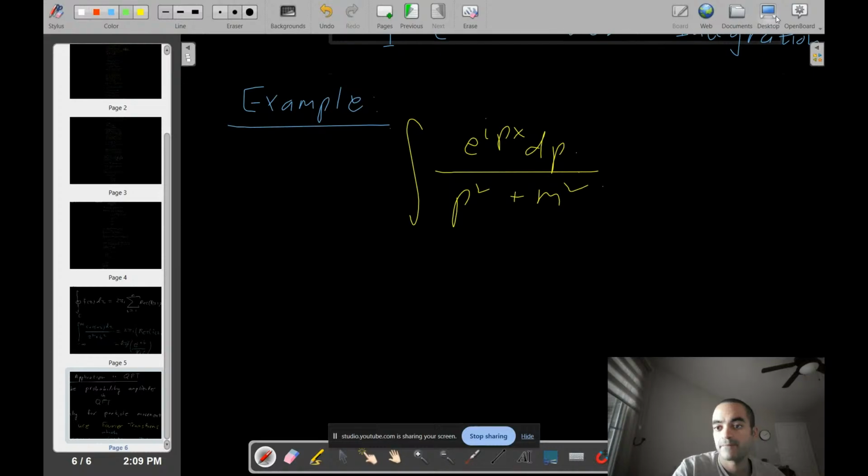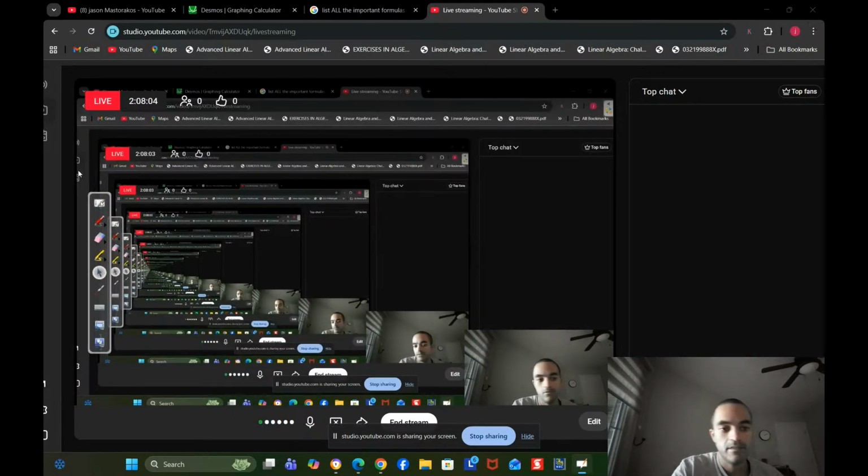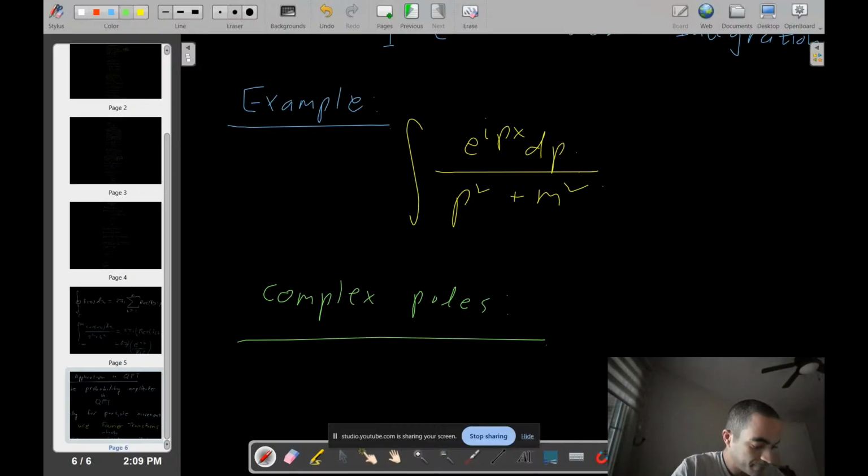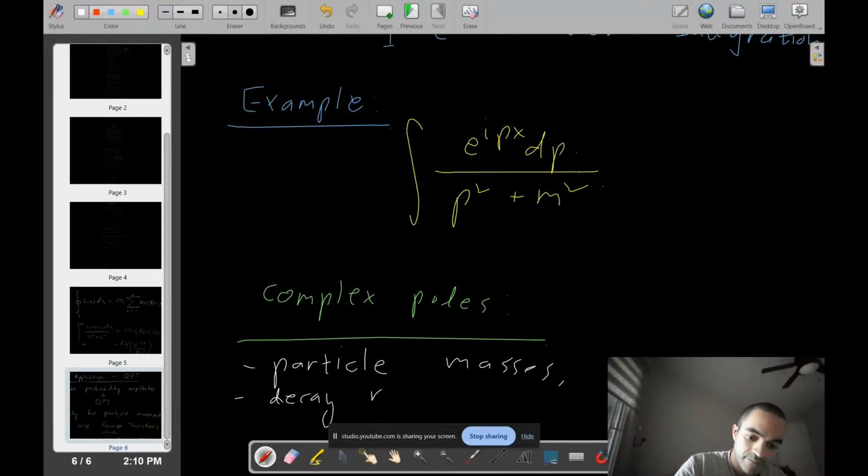And the complex poles, I'll tell you what the complex poles determine. Anyone in the chat? Nope, not right now. So complex poles will determine the following: particle masses, decay rates, decay of the particle, and scattering behaviors.